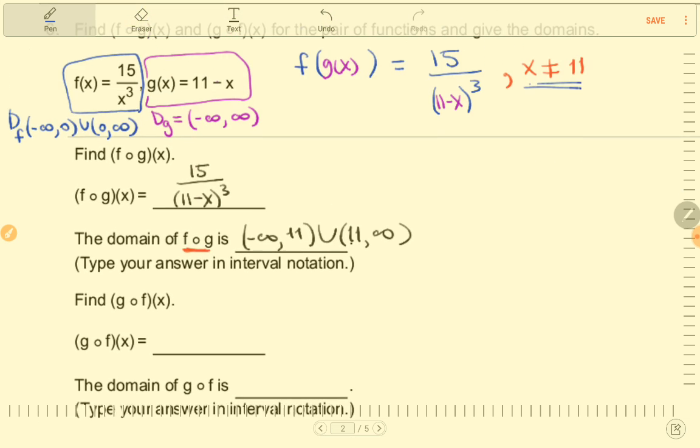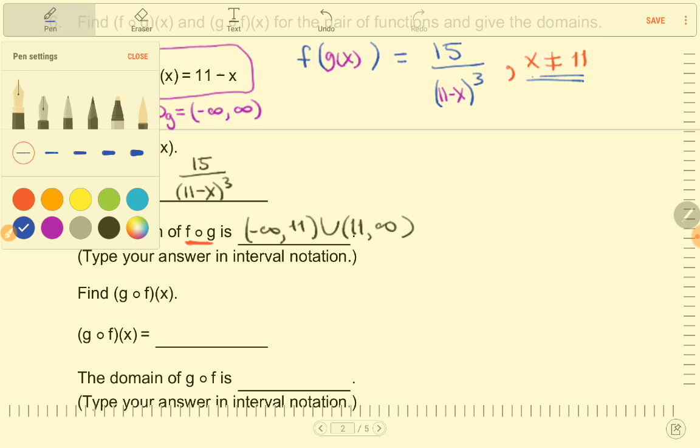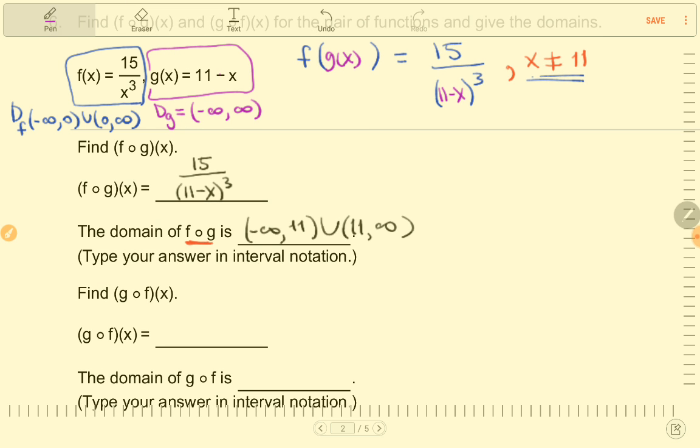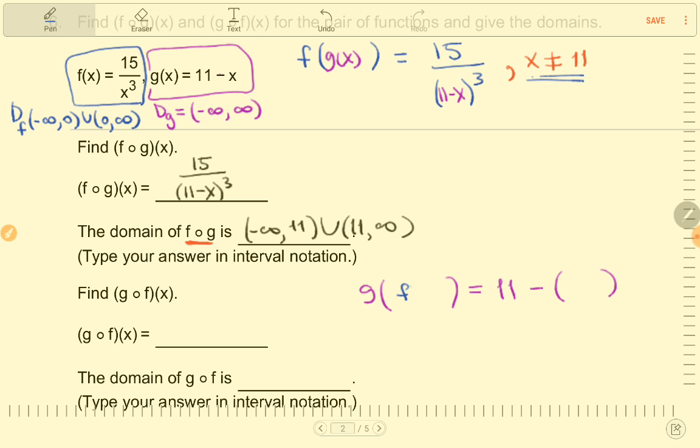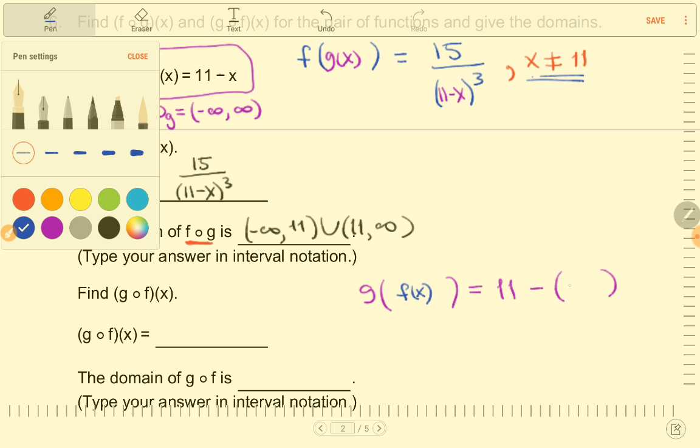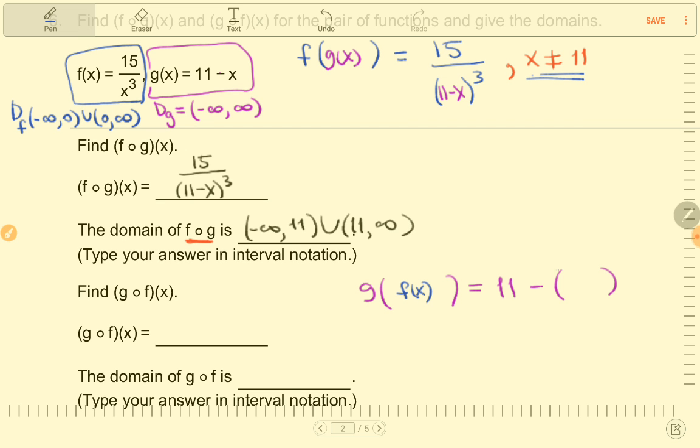All right, so let's do the next part, which is the other way around, where the outer function is going to be g of x. So in g of x, we're going to input f of x. So the function looks like this. And then, well, I can still use this color, 15 over x cubed.